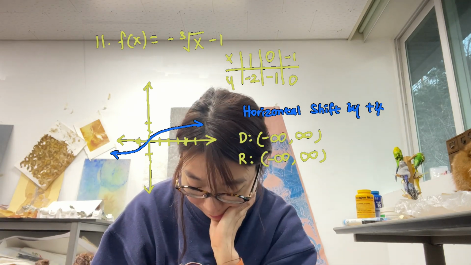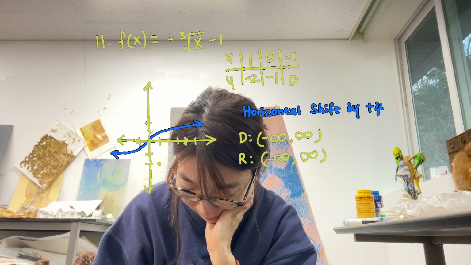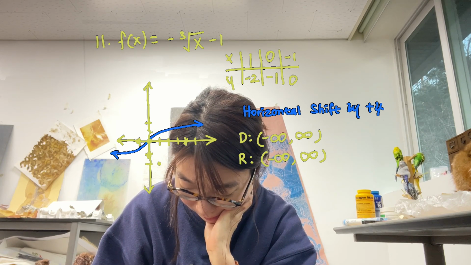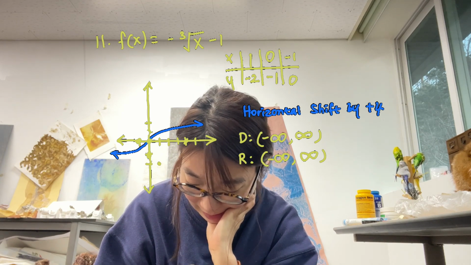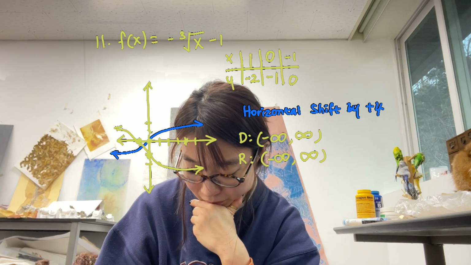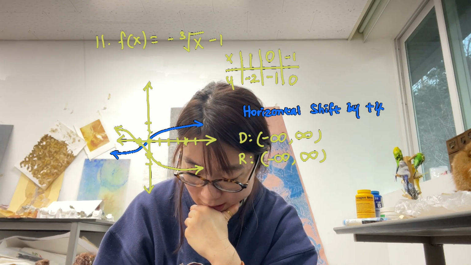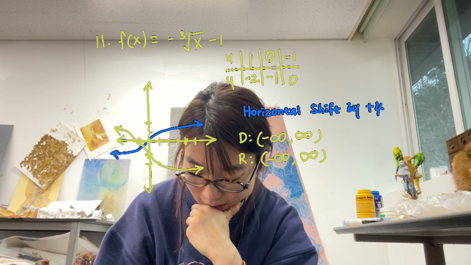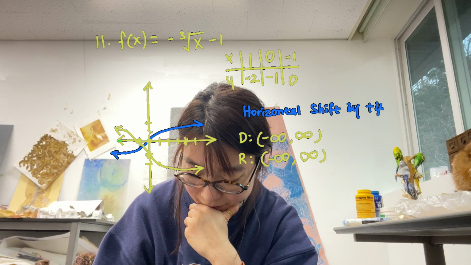Let's go ahead and plot that. When x is 1, my y value is negative 2. When x is 0, it's negative 1. And when x is negative 1, y is 0.